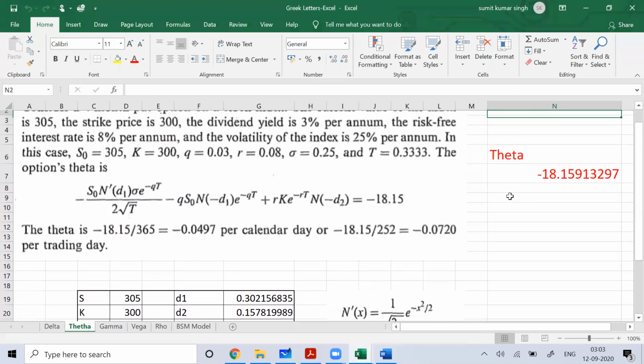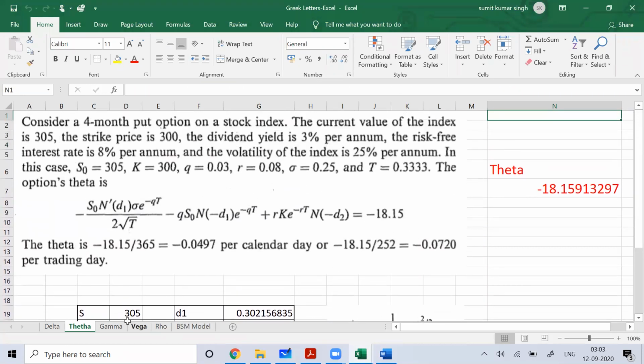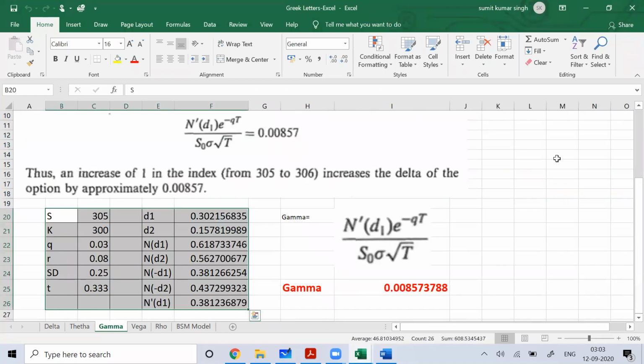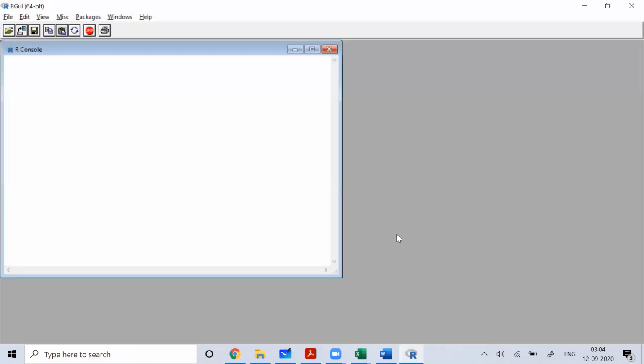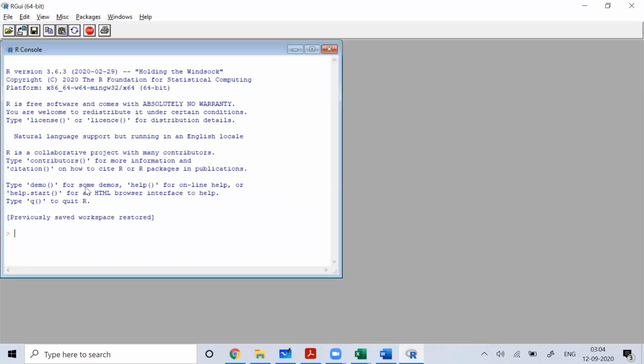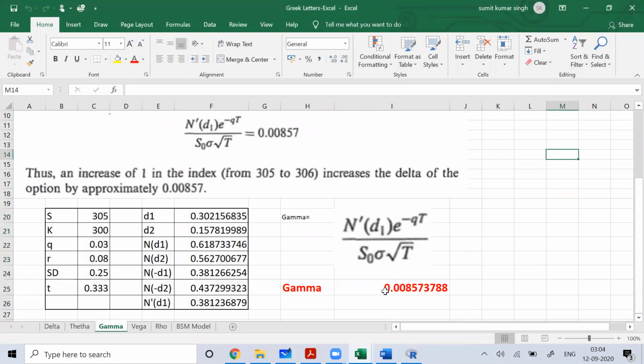Same thing I have done in R also. If you are aware of how to work in R, I have already made a video on how you can do all this calculation in R. If you are interested, you can watch my video that is already available in the playlist.